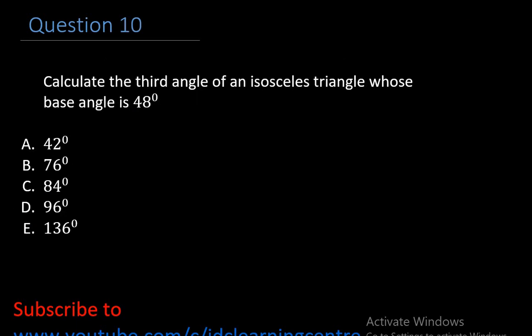Now question 10. Alright, to get the third angle of an isosceles triangle. Remember, an isosceles triangle looks like this. The question says calculate the third angle of an isosceles triangle whose base angle is 48. So if one base angle is 48, the other base angle will be 48.